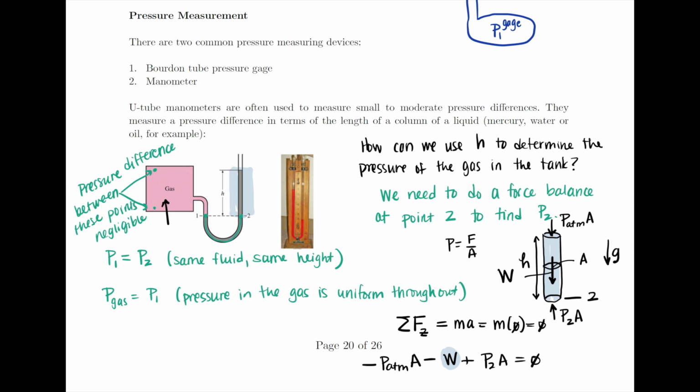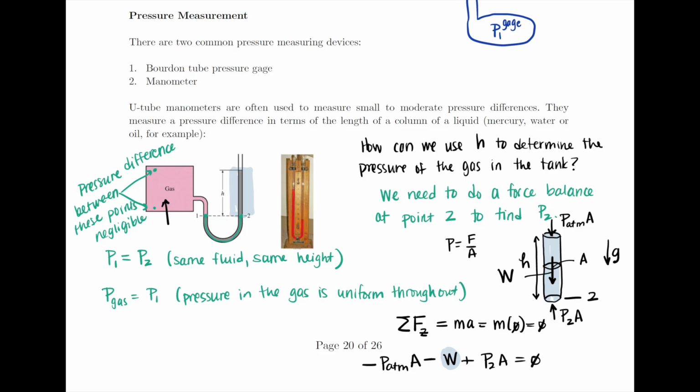I want to draw the forces on essentially this body that I have. I'm going to have atmospheric force on top, and the force of atmospheric pressure is P atmosphere times the area, because pressure is a force per area. So if we want to get the resulting force of a pressure, we just multiply by the area.